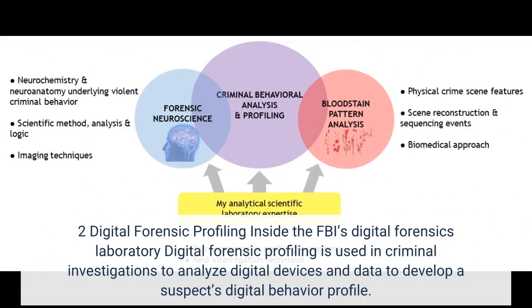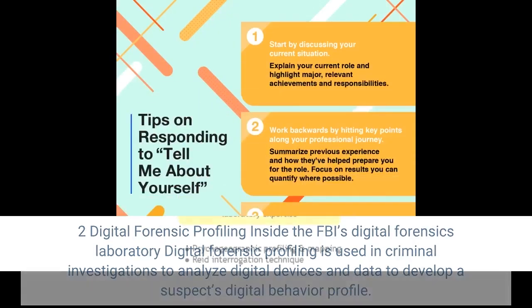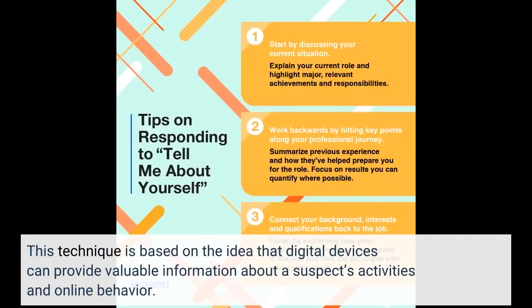2. Digital forensic profiling. Inside the FBI's Digital Forensics Laboratory, digital forensic profiling is used in criminal investigations to analyze digital devices and data to develop a suspect's digital behavior profile. This technique is based on the idea that digital devices can provide valuable information about a suspect's activities and online behavior.